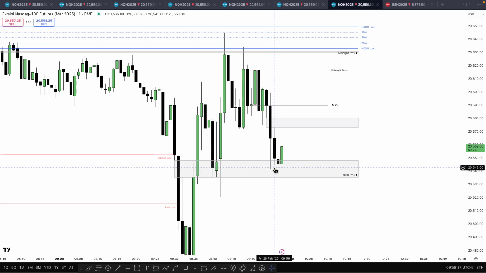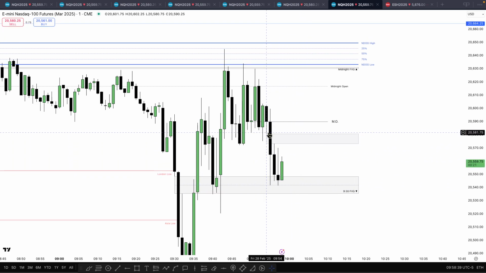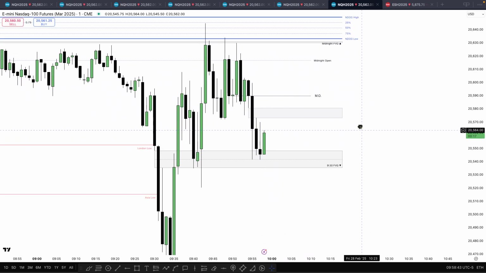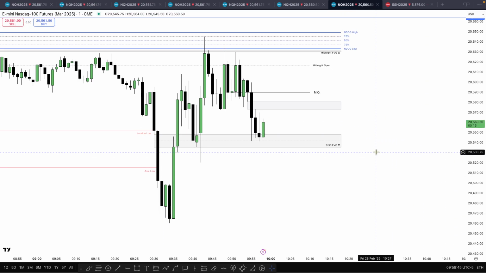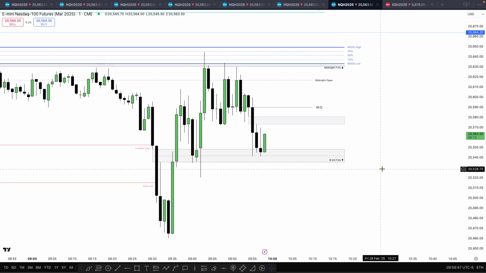If we're bullish and we find support off this 930 fair value gap, close above this, we should rip the highs. Okay, and if that doesn't work, then I'll probably just wait for 1050 macro. So we're testing this. We'll watch both.